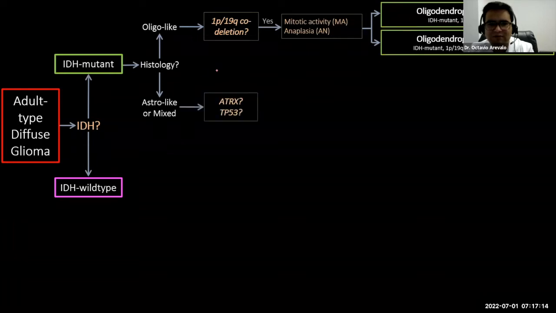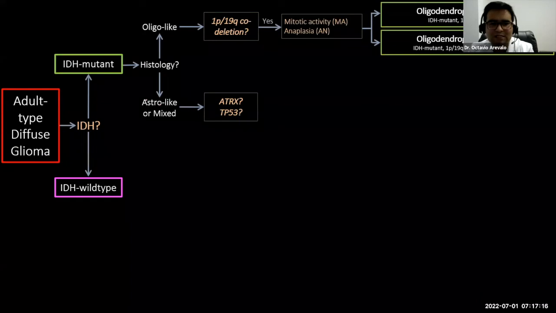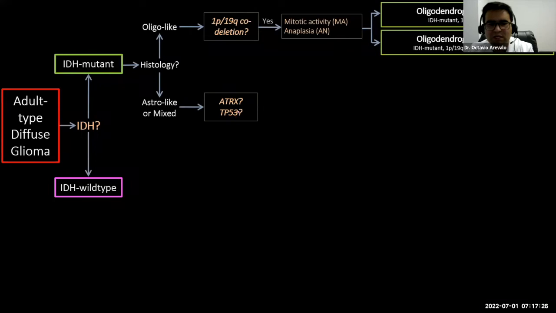But what if the tumor has an astrocytic morphology on histology? Then you have to check for these other two mutations, the ATRX and the P53. So if the patient does not have these three, you got to test for the 1p19q co-deletion, okay? And you may say, well, why don't you get the 1p19q co-deletion for all the IDH mutants?